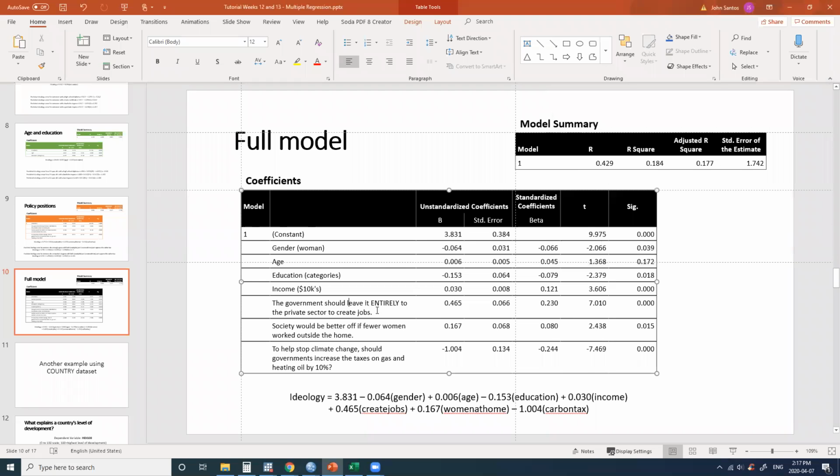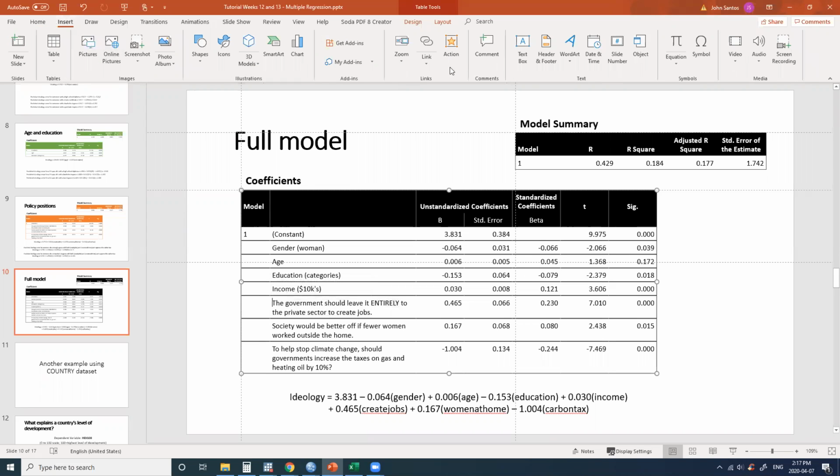So this question is measured on a 4-point scale. The most conservative position is 4.